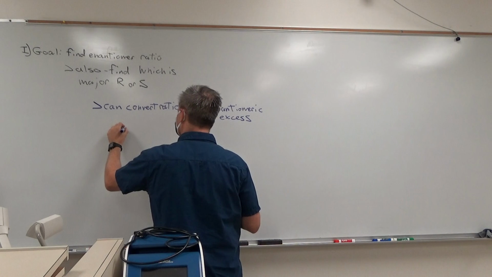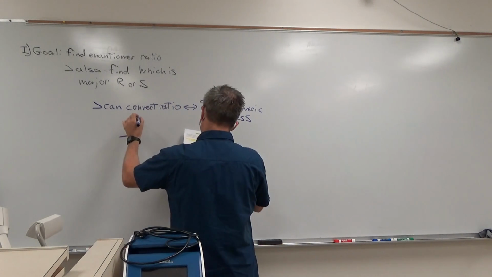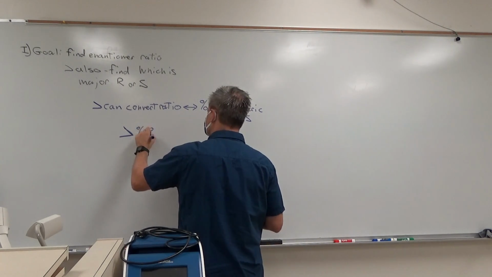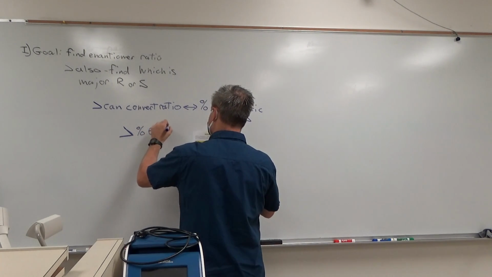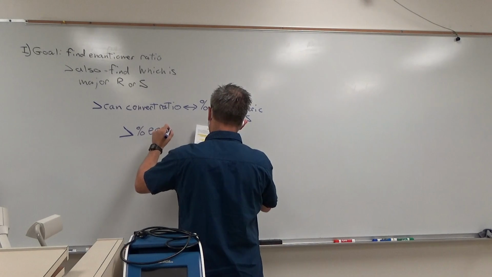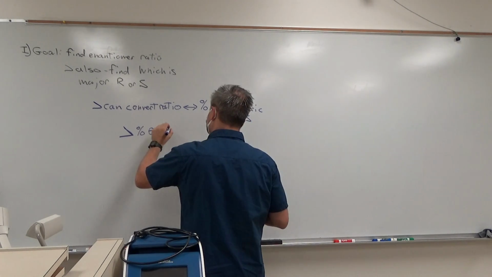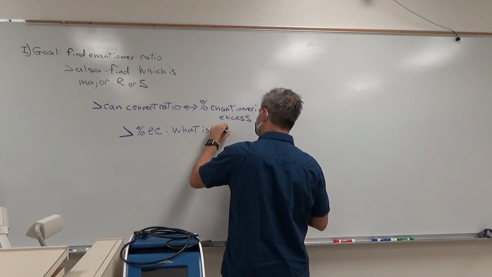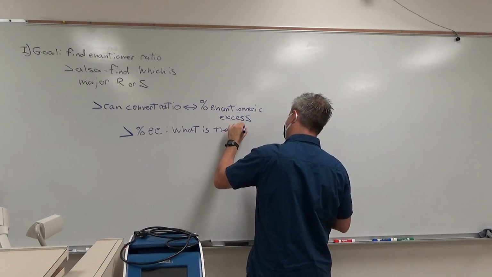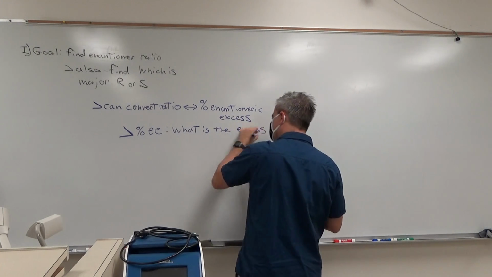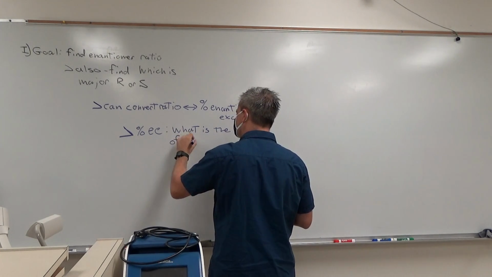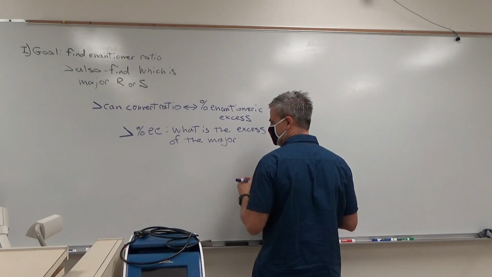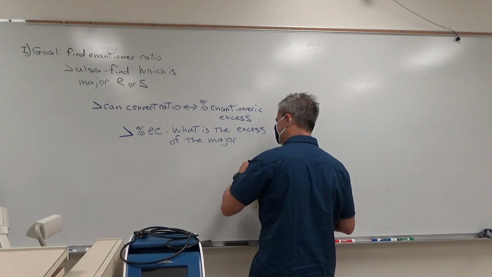So let's come up with a working definition of percent EE. Percent EE is the excess of the major, R or S in our case because there's only one chiral center.